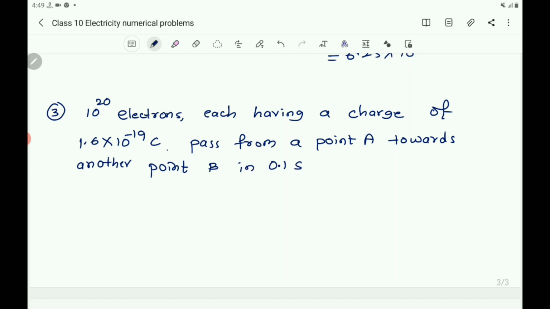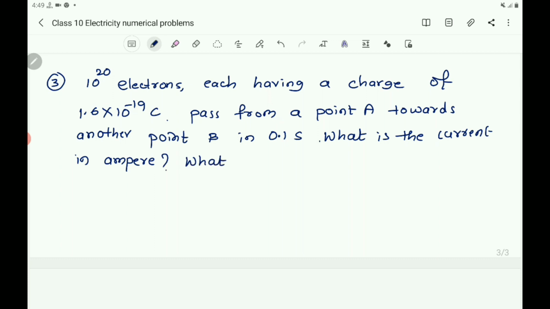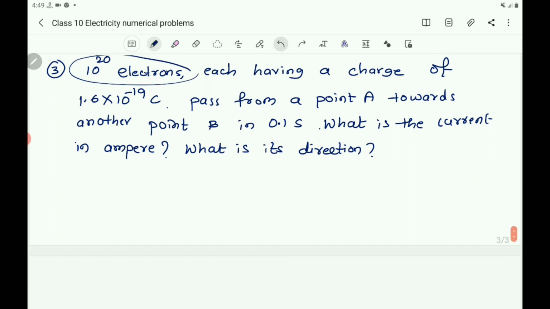What is the current in amps and what is its direction?